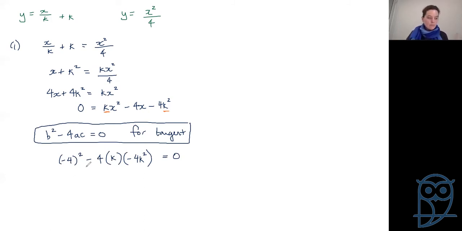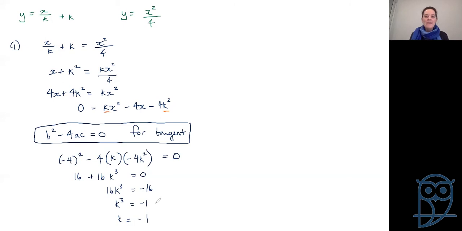So minus 4 all squared gives us 16. Minus 4 times minus 4 is plus 16. k times k squared gives us k cubed, so 16k cubed equals minus 16. k cubed equals minus 1. Cube root of minus 1 is minus 1, so k equals minus 1.